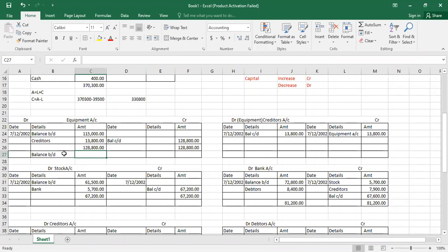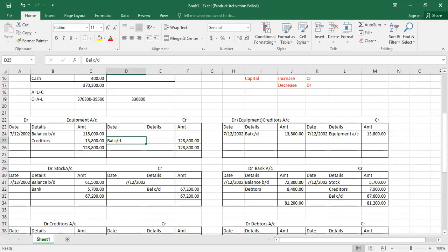Are we together? Yes, sir. Okay, so we are taking the balance. The figure you are seeing here is the balance carried downward in all the journals. This is the figure that will be transferred to the final book of account. I think that is now clear.